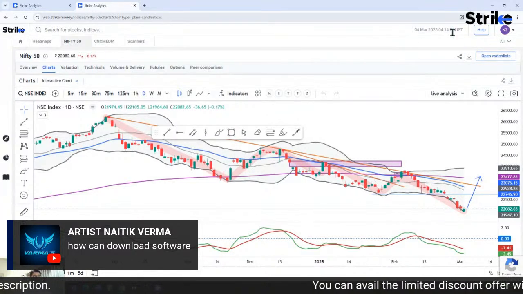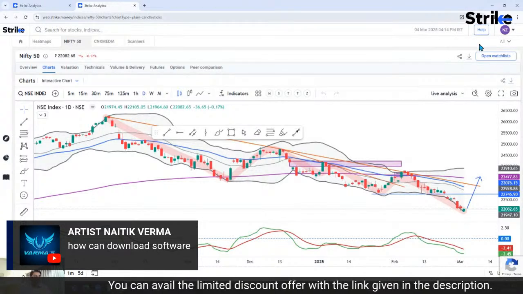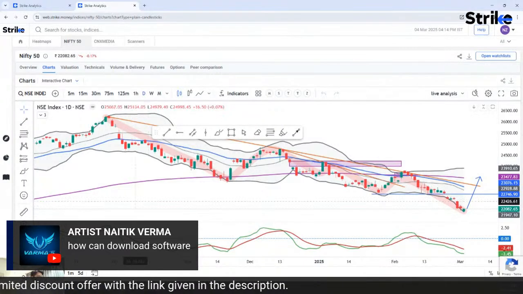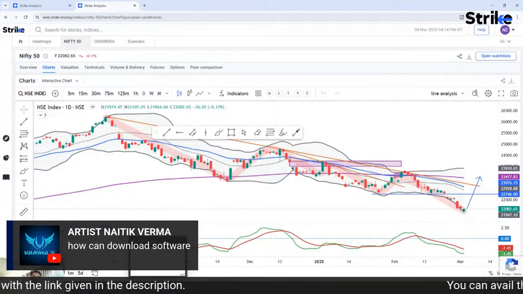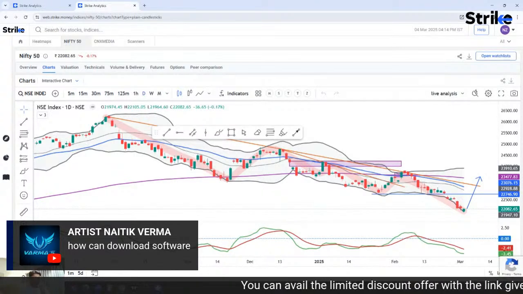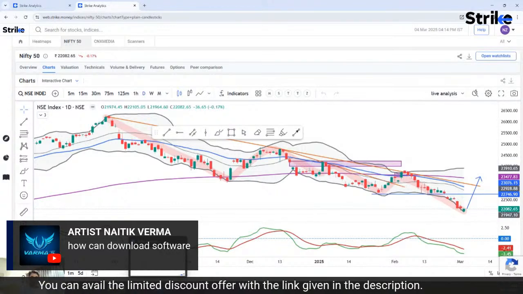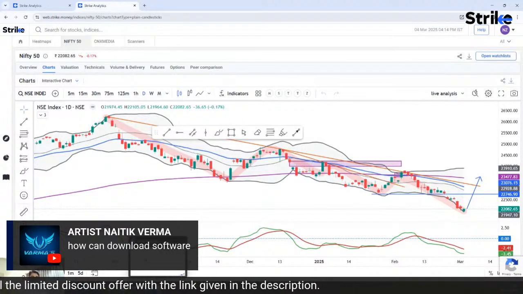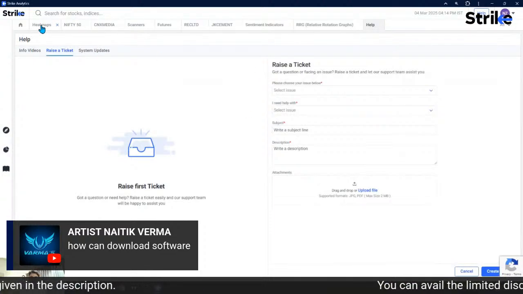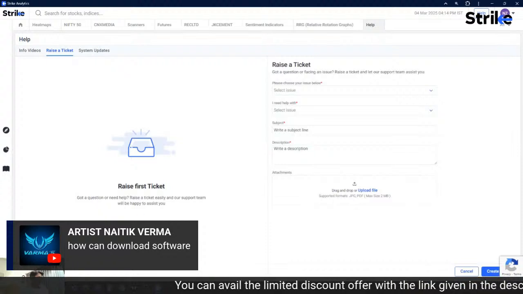Log on to web.strike.money, and from the help section you will be able to download it. On my toolbar at the bottom, there is this Strike logo, which I have pinned, and it opens up like this.